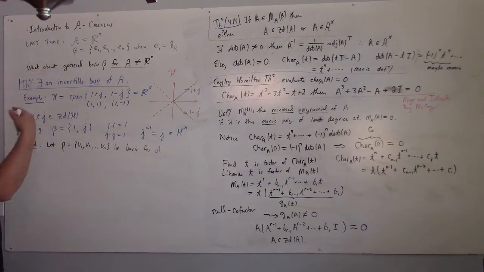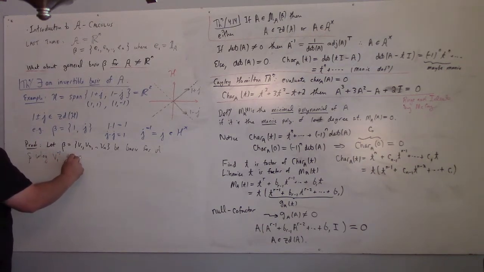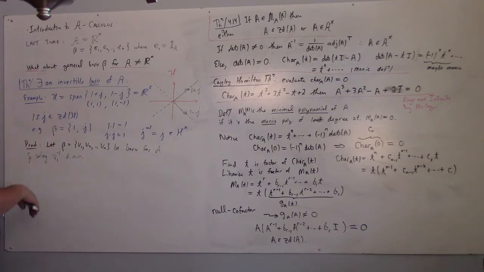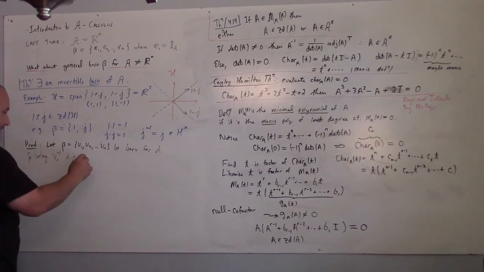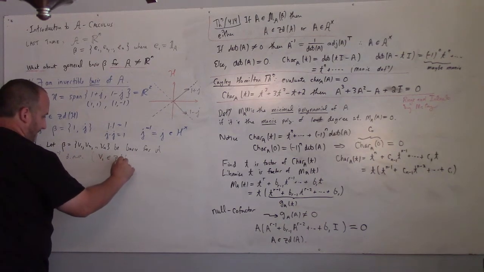Of course, if these are all invertible, we're done. So suppose, without loss of generality, that v1 inverse does not exist. If needed, reorder them, so the first basis element is the non-invertible one.